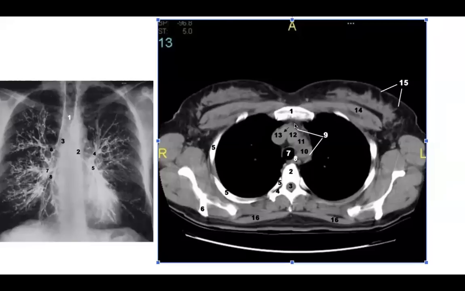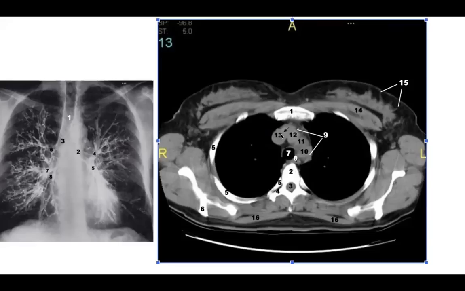This altogether is the aortic arch, or the arch of aorta. Number 10 is the first branch, which is the left subclavian. Number 11 is the left common carotid. Number 12 is the brachiocephalic trunk. And number 13 is the superior vena cava. And we can see that it's getting drainage from the left brachiocephalic vein.